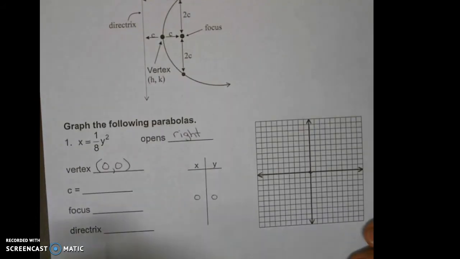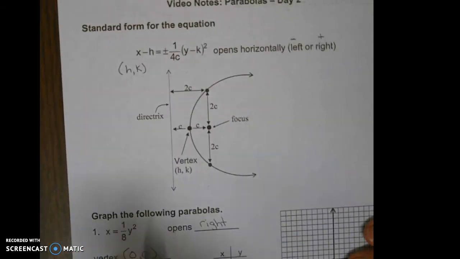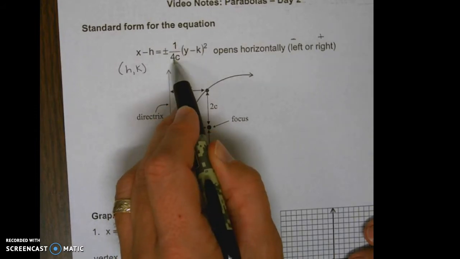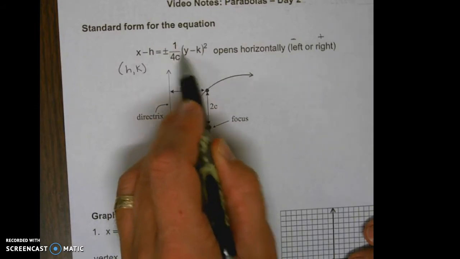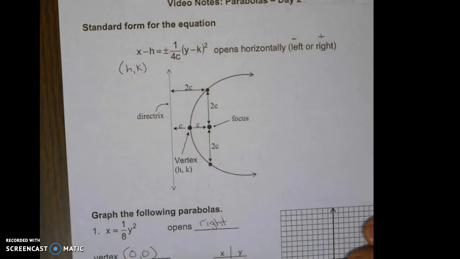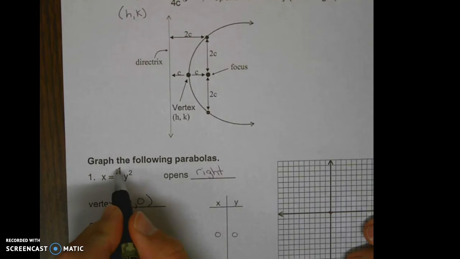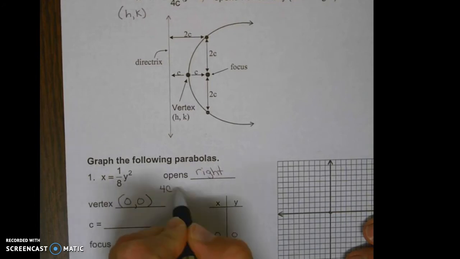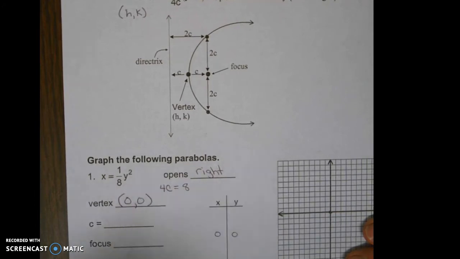All right, calculating C. We calculate C the same way. If your a value is set up as 1 over a number, we can just set that number equal to 4C and solve for C. So since this is set up as 1 over a number, we're going to calculate C by setting 8 equal to 4C.